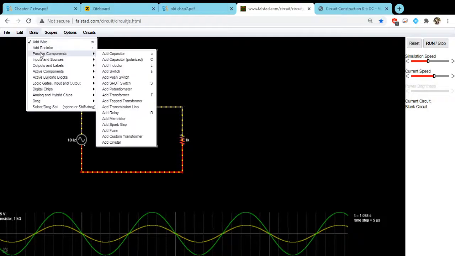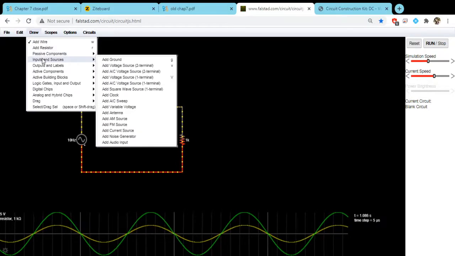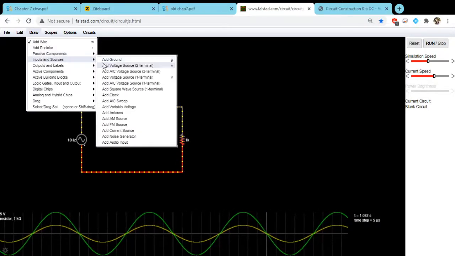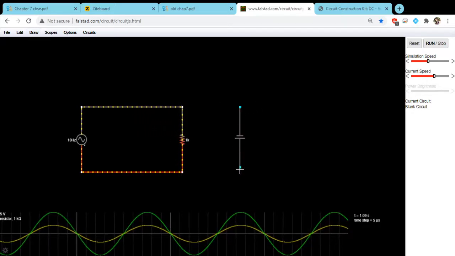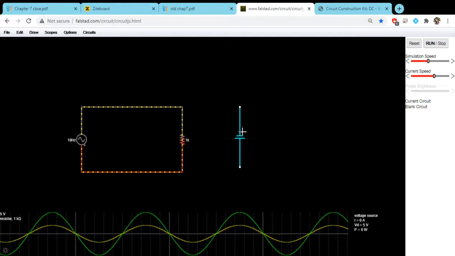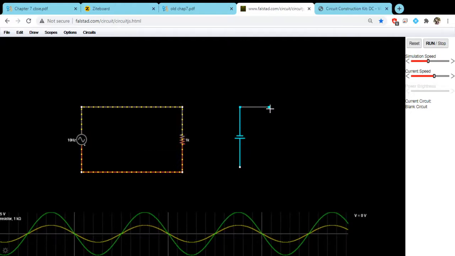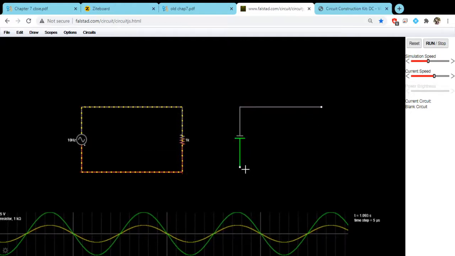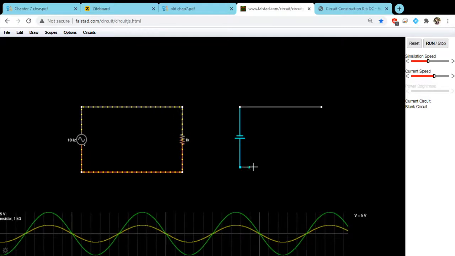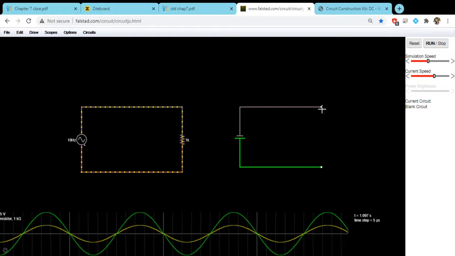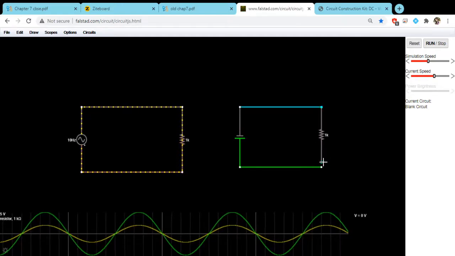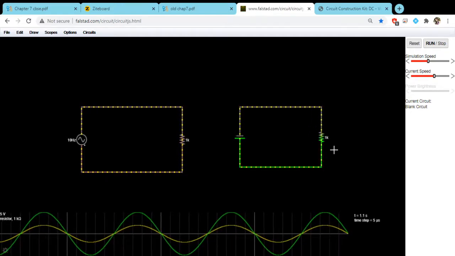Now let me show you what would have happened if we had a simple DC circuit. If we had a DC circuit here with the same resistor of 1 kilo ohm, then you imagine the voltage and the current.